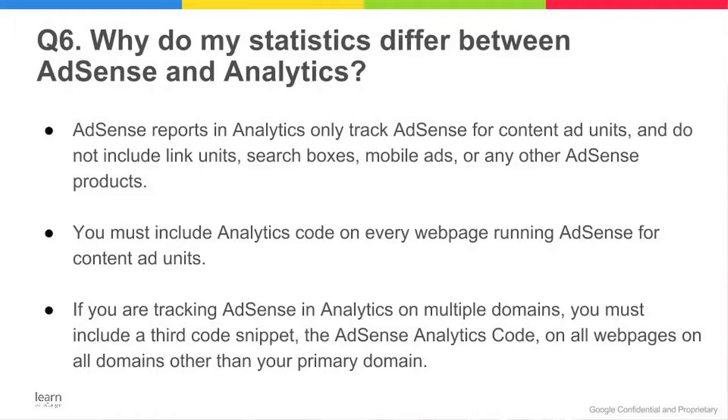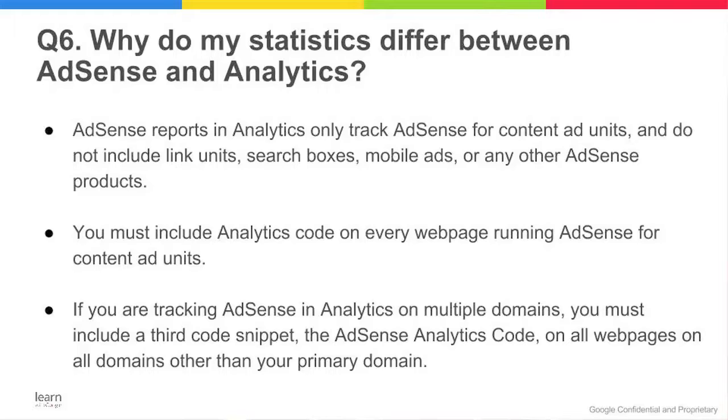Second thing to check is, please be sure that you have analytics codes on every web page that is monetized with AdSense. Maybe you forgot to put analytics code on some part of your content which is monetized with AdSense.